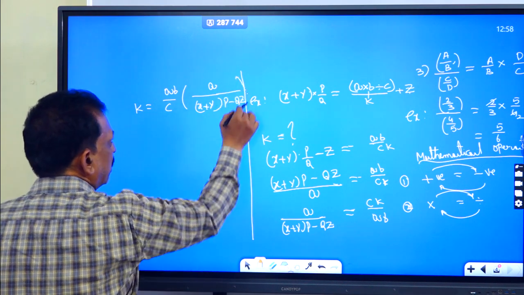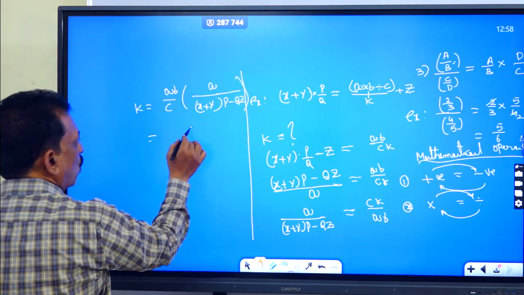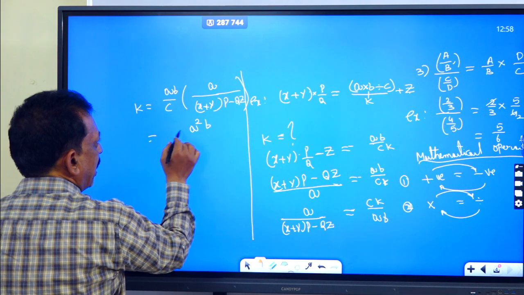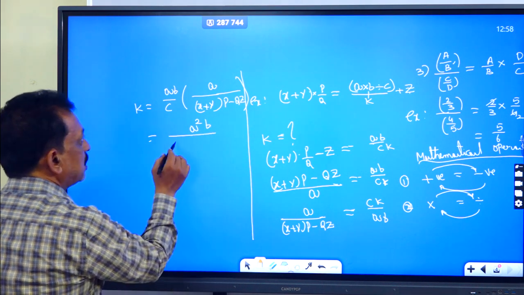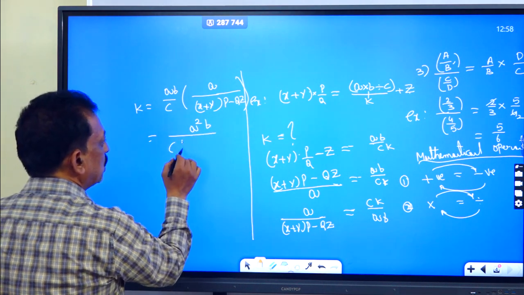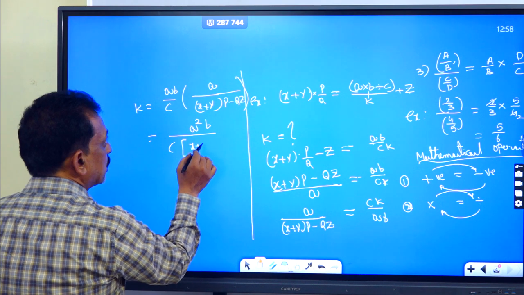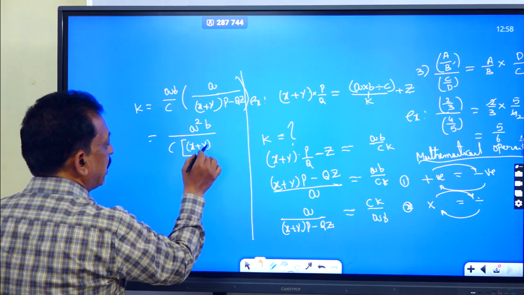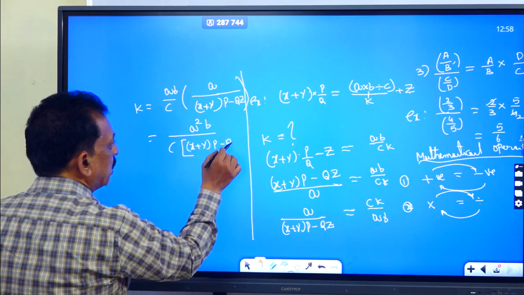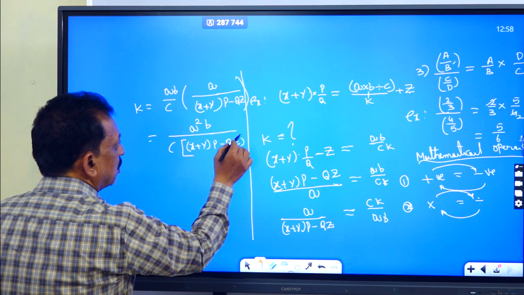Okay, then I can write a square b by c into x plus y into p minus qz, like this.